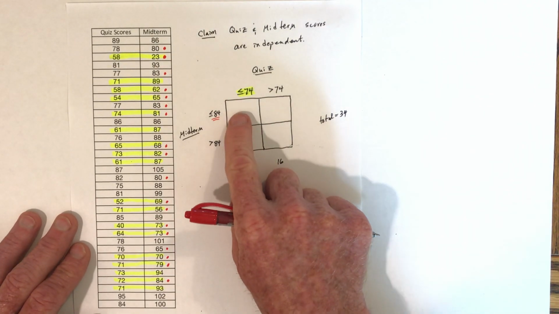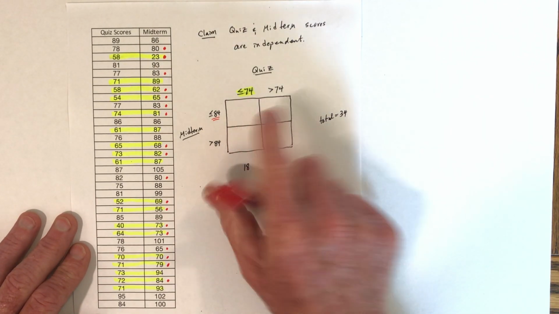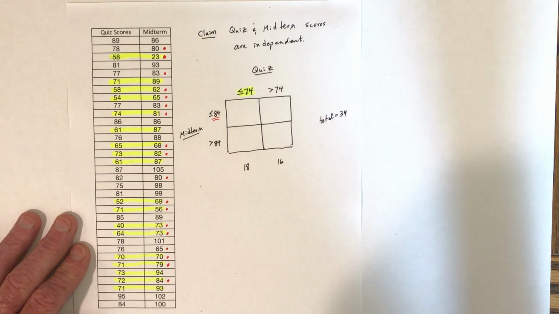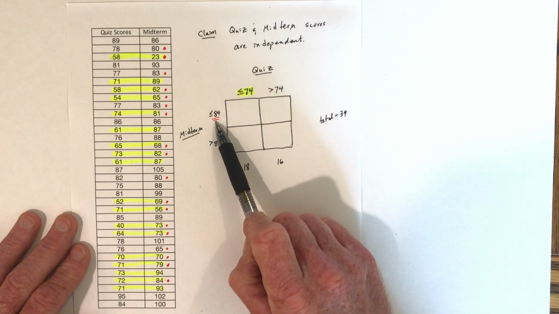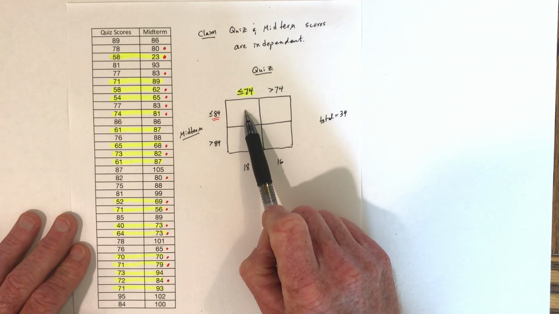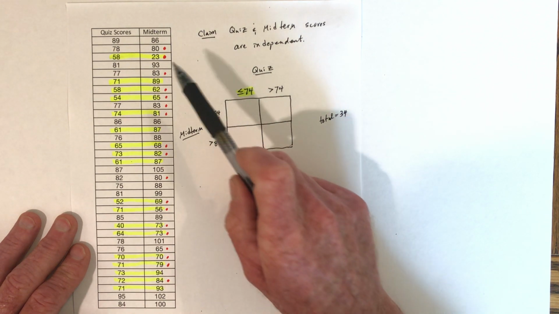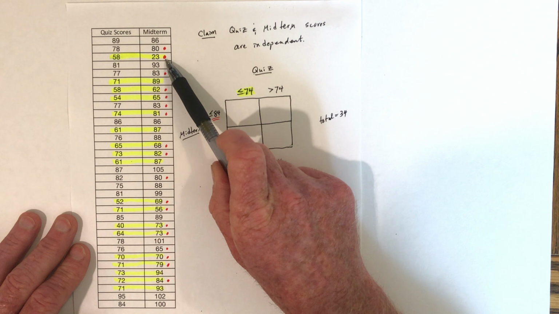Now what I need to do is find out how many people belong in this square right here. So those people would both be highlighted yellow and they would also have a red dot. That's these people. So how many people both are highlighted yellow and have a red dot?